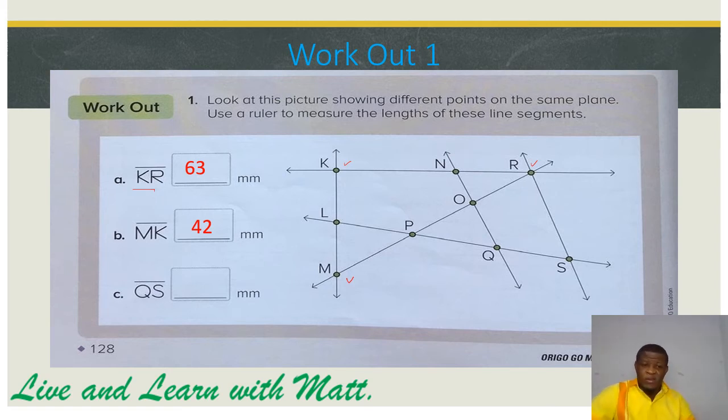Now QS. Now that means we start from this point to point S. So let's measure that. What do you get? 23 millimeters. Now let's go to number 2.